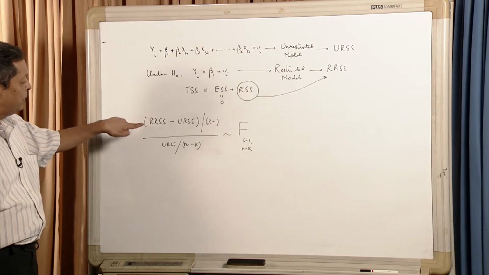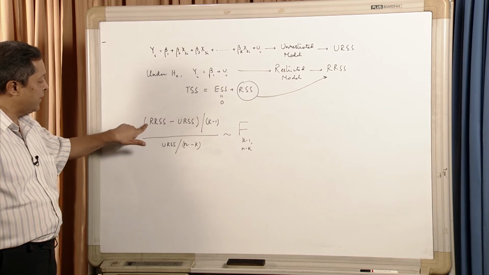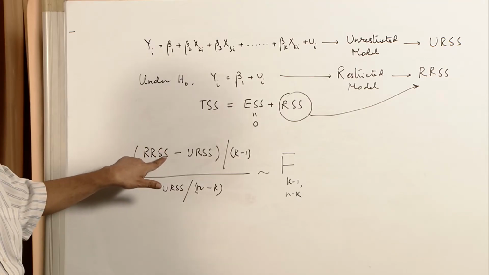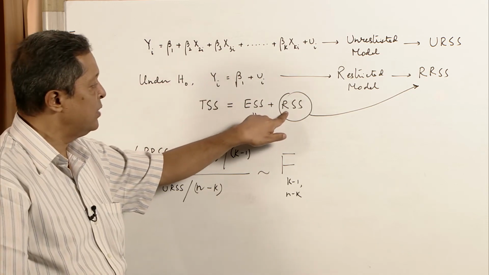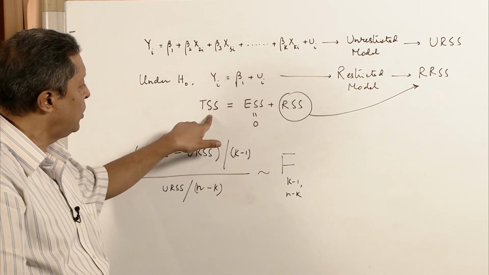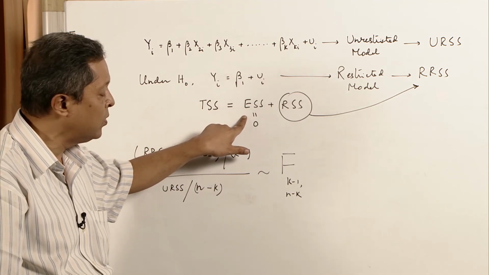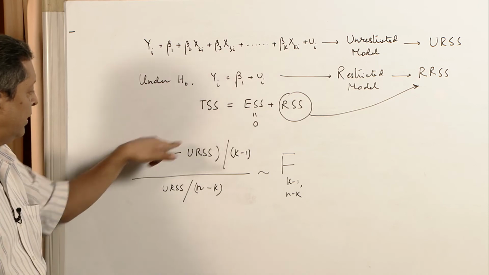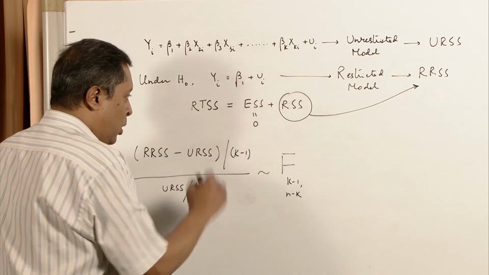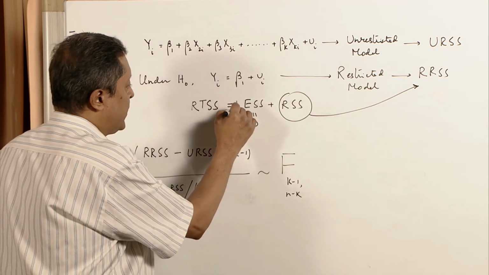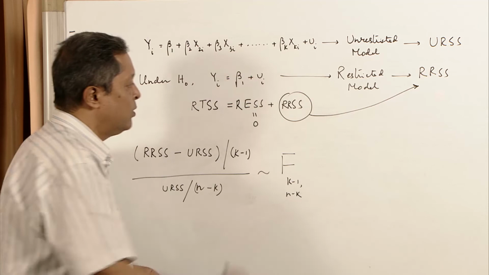Now, let us probe deeper here. What is this? This is the restricted residual sum of squares, from the restricted model. What is the residual sum of squares in the restricted model? It is nothing but the total sum of squares, because the explained sum of squares is equal to 0. So, for the restricted model we have the total sum of squares, the explained sum of squares and the residual sum of squares.